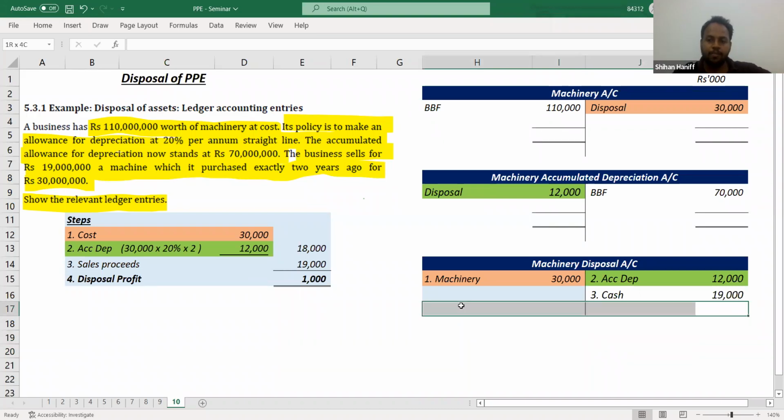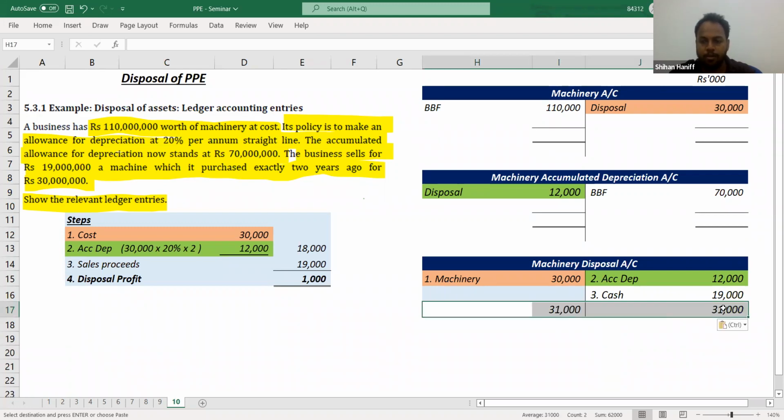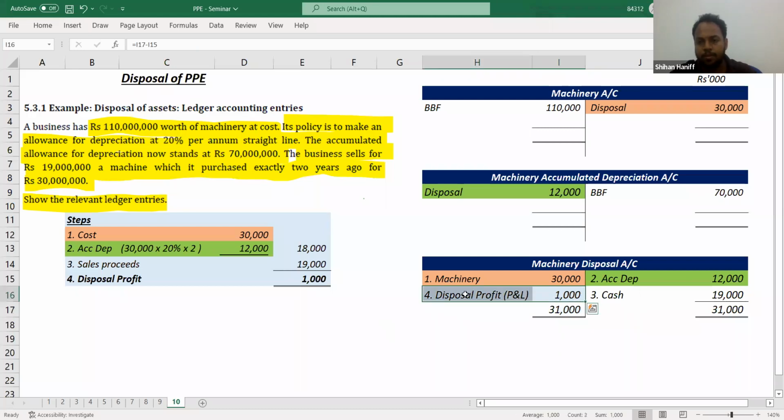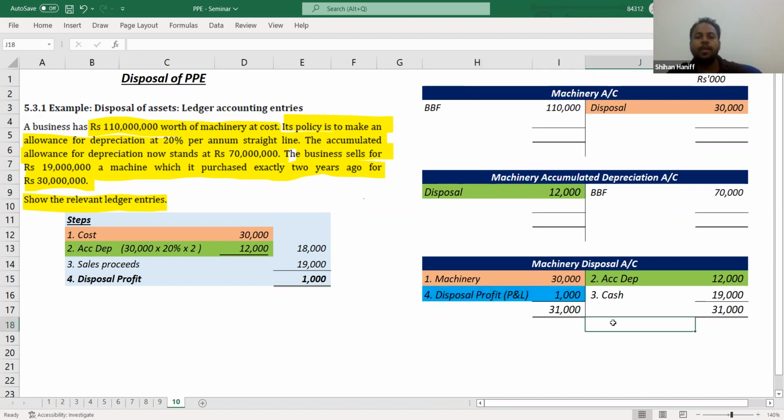And if you balance this, you will get the profit, which will be transferred to the profit and loss account.